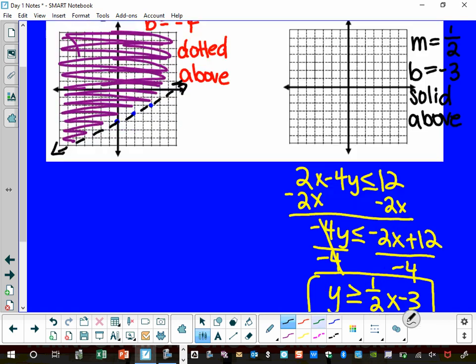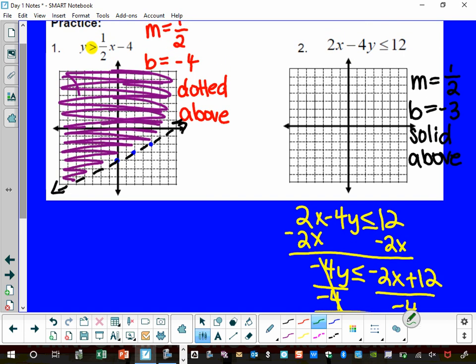All right, let's go ahead and fill this out. My y-intercept is negative 3, so I go down to negative 3. My slope is 1/2, so I go up 1 over 2.